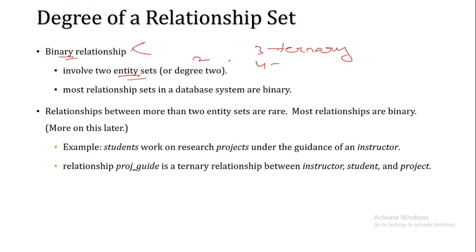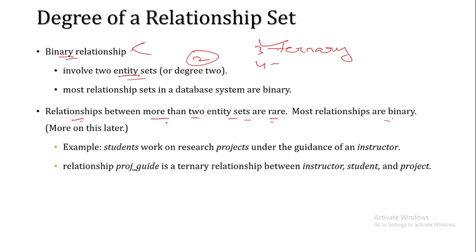But in a relationship set, normally it should be binary, starting with 2. Relationships between more than 2 entity sets are very rare; most relationships are binary. If 3 entity sets participate in a relationship, it is ternary. If multiple, it is non-binary.